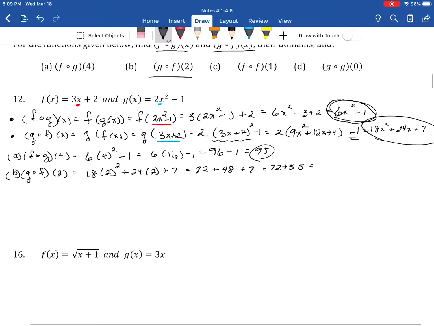Get your calculators out if you want to. Hopefully that's right.